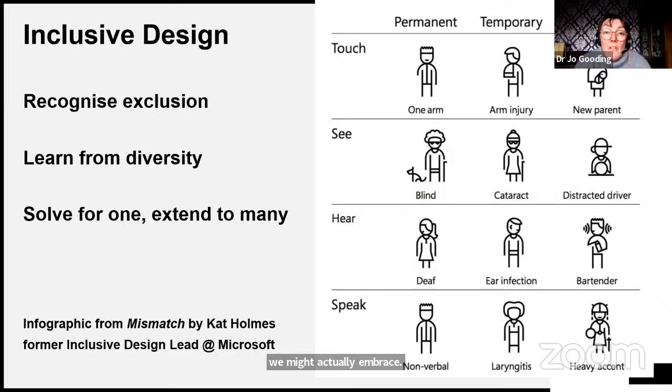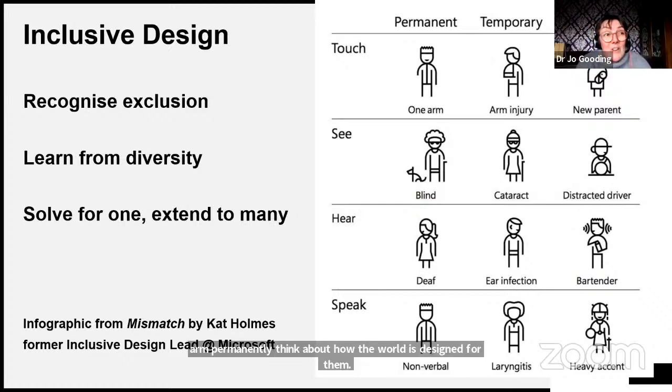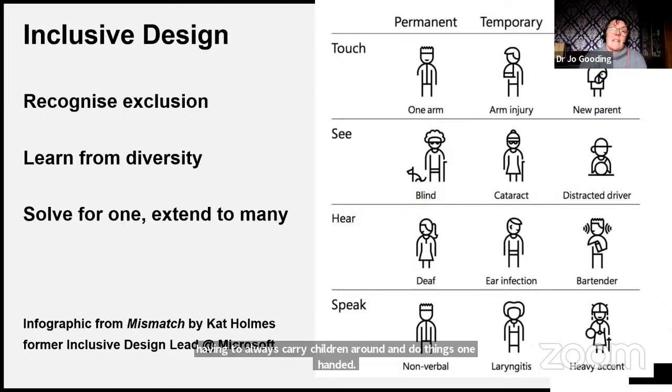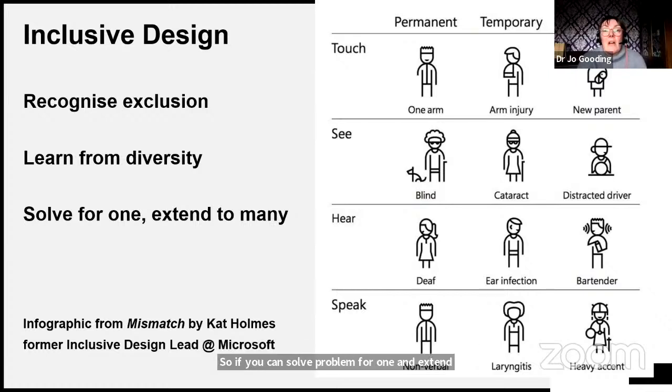For example, at the top, touch: if somebody has one arm permanently, think about how the world is designed for them. But it would also apply if you have a temporary impairment, an arm injury, or even a situation, like those of us in the room who have been parents, always carrying children around and doing things one-handed. So if you can solve a problem for one and extend it to many, that is one of the key drivers for inclusive design.